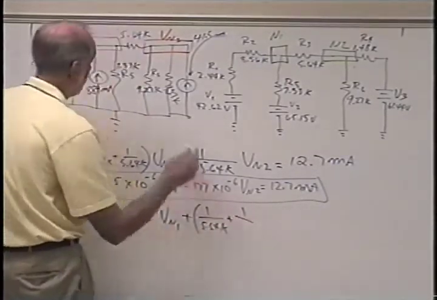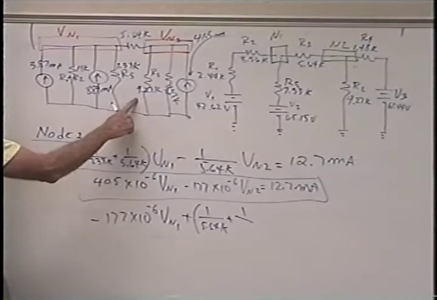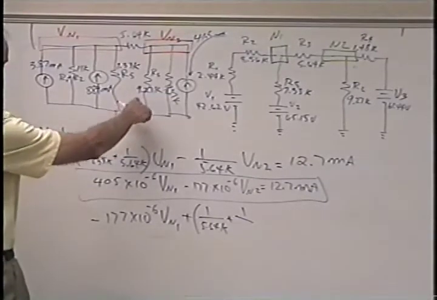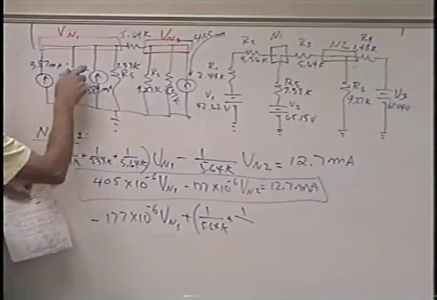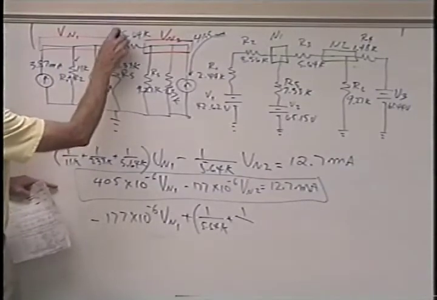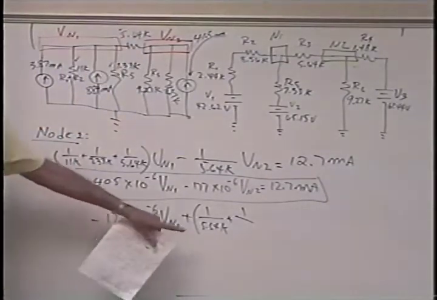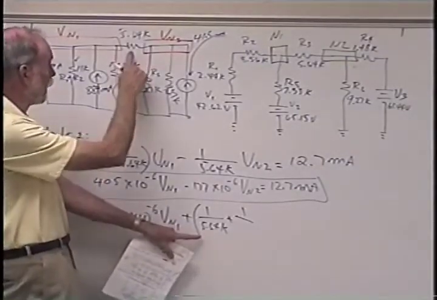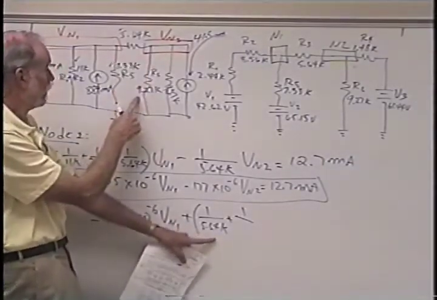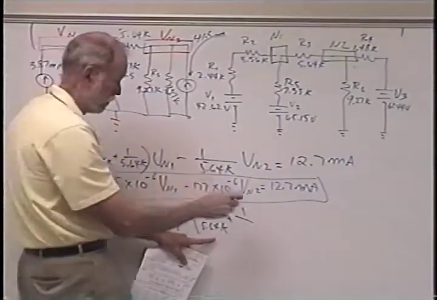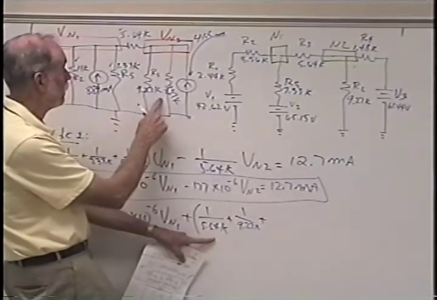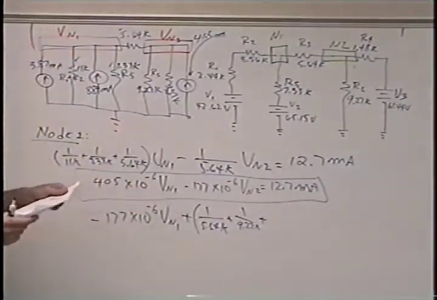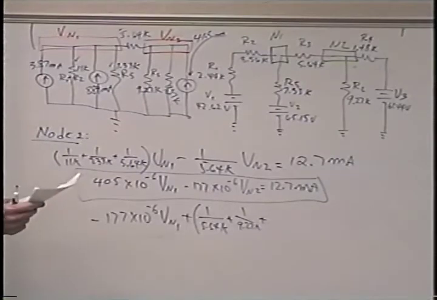Plus 1 over the value of, whoops, I left one out here, didn't I? No, I didn't. I got it. I did this one, and this one. Okay, great. I got them all three. All right, for the second node, it's 1 over 5.64K plus 1 over 9.27K plus 1 over, I must have that wrong.